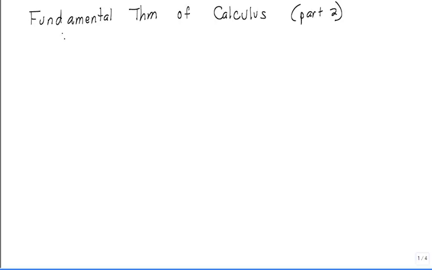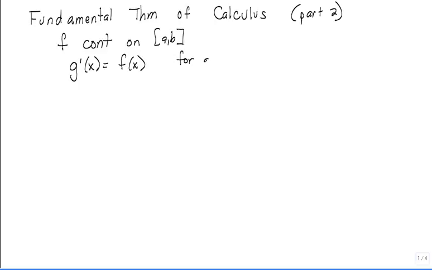Okay, let's look at the fundamental theorem part 2. This is the one that we really use. So f is a continuous function on [a, b], and let g be a function where the derivative is equal to f of x for all x in that closed interval.